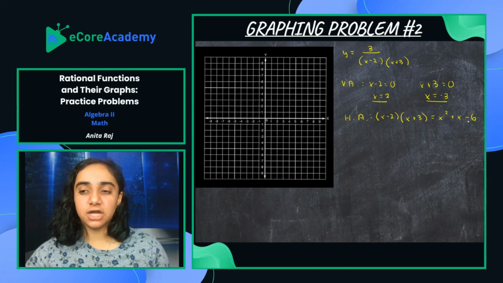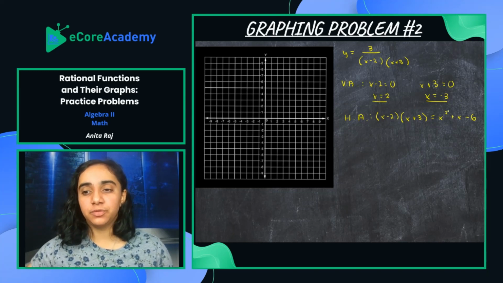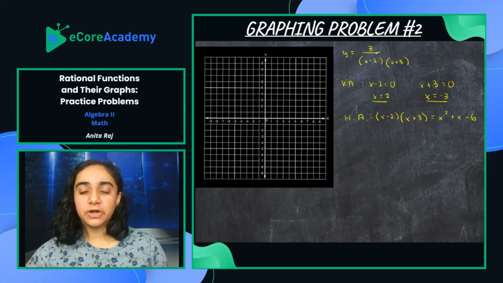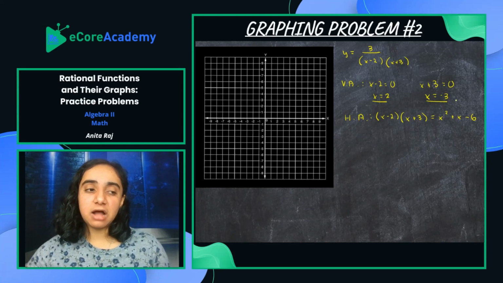So this is what our denominator would be. It's a quadratic trinomial with a degree of 2. Our numerator is 3, which is just a constant term. So the denominator has a higher degree than the numerator, meaning we're going to have a horizontal asymptote at y equals 0.